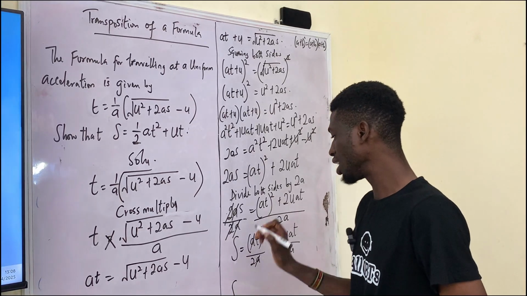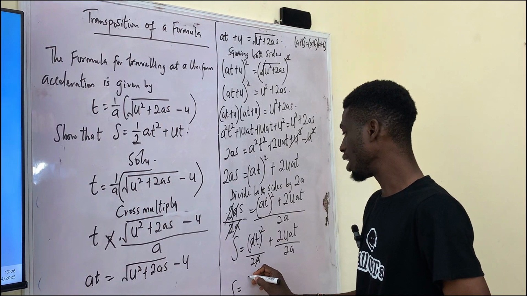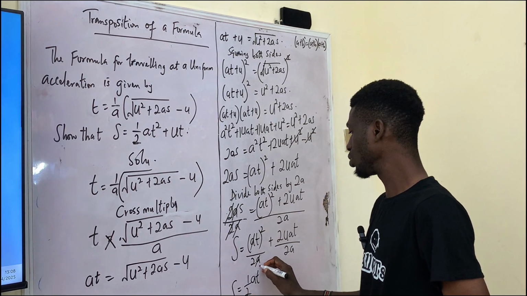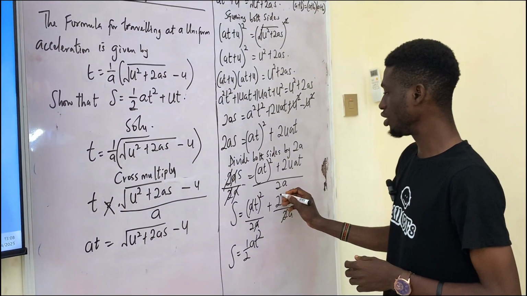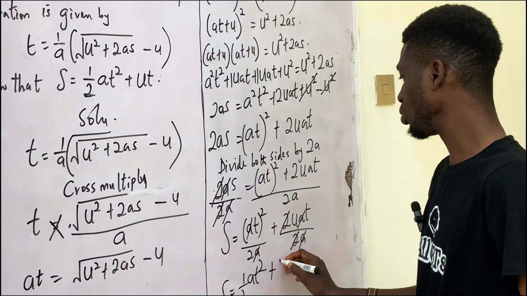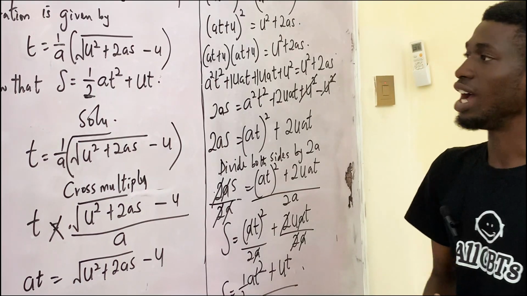So our final answer, which is x, equals, here we are going to have 1 over 2 at squared, which looks like this. Then 2 is going to divide 2, a is going to divide a. Then here we are left with what? ut, which is our final answer.